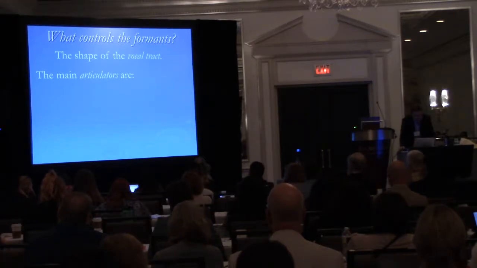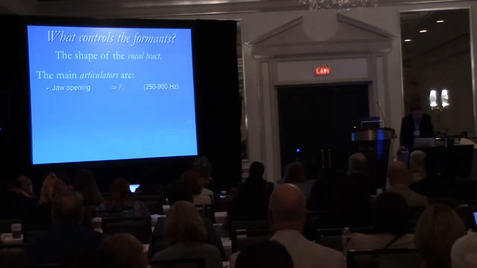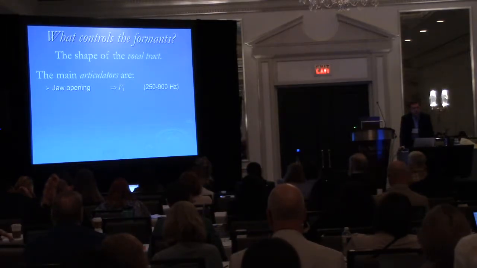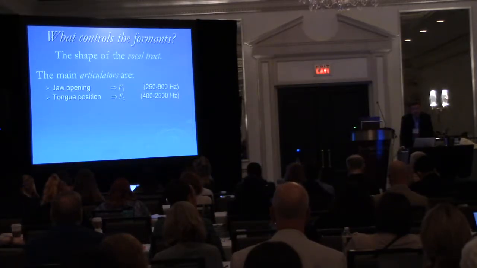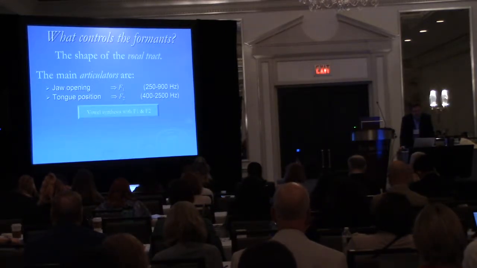And the main articulators are the jaw opening and the tongue position. But you remember I said whenever you change anything in the voice, everything else changes, so these are not completely independent. They're fairly independent though, so we can do a vowel synthesis just to show the point.